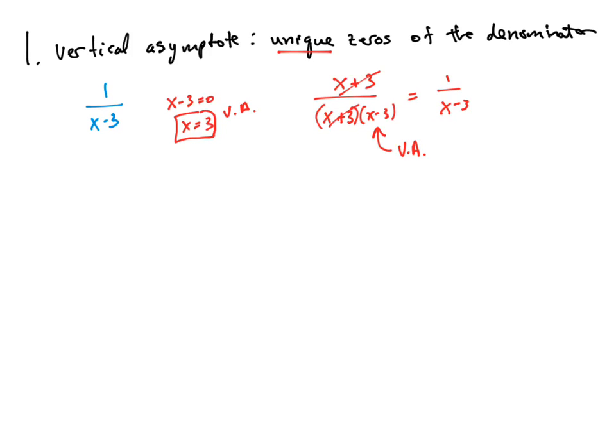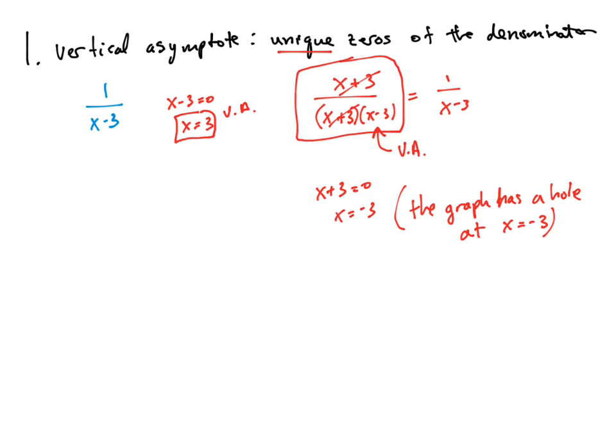For x plus 3, if I set x plus 3 equal to 0, what we would say is there is a hole, so the graph has a hole at x equals negative 3. Okay, so we'll see more what that looks like shortly. But that's what we mean by unique zeros of the denominator. So in this example, there would only be one vertical asymptote, x equal to positive 3.